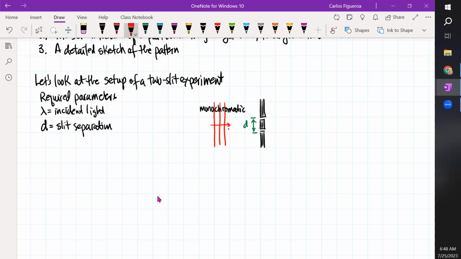Earlier, I did not put the wavelength in here. So what we're going to see here is that now I'm going to have big D, which is the screen distance. To observe the pattern, I'm going to have a screen that's located right here.